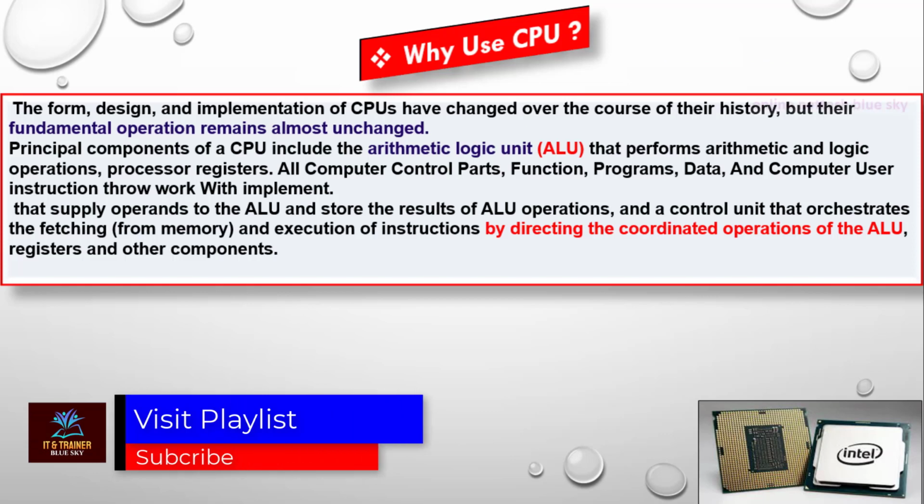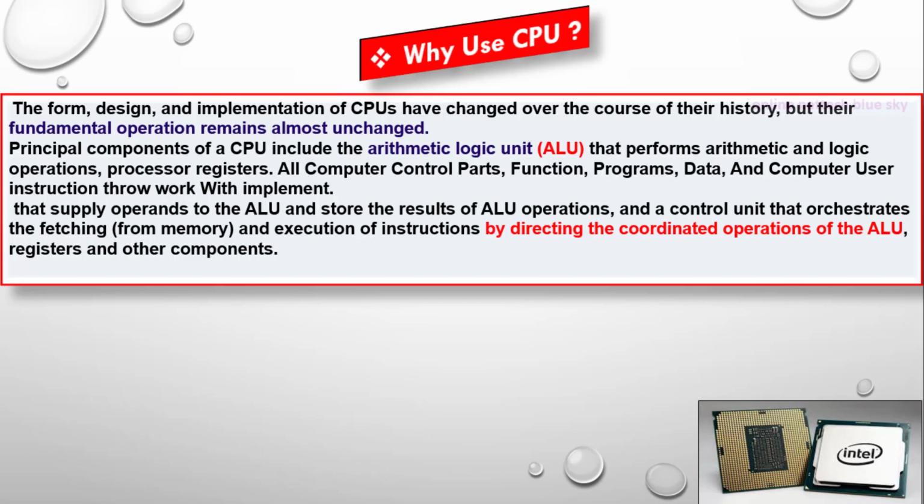This is all the control unit, which controls every computer part, programs, data, computer user instruction and function, everything by this CPU processor chip. So instructions direct and coordinate the operation of the ALU.